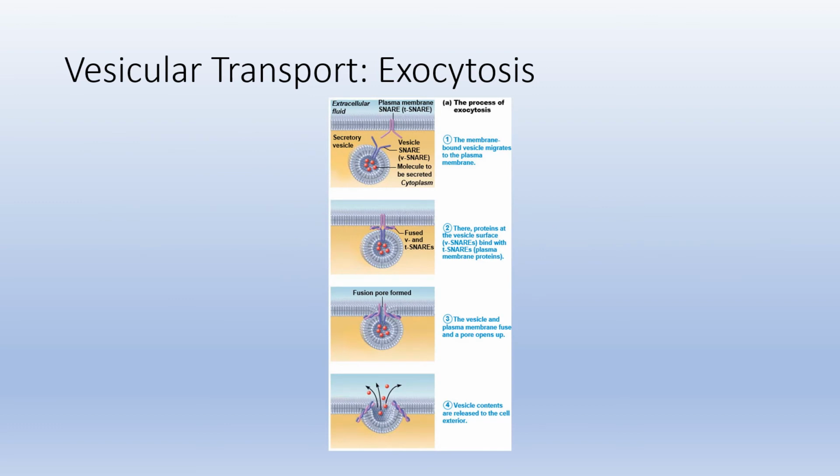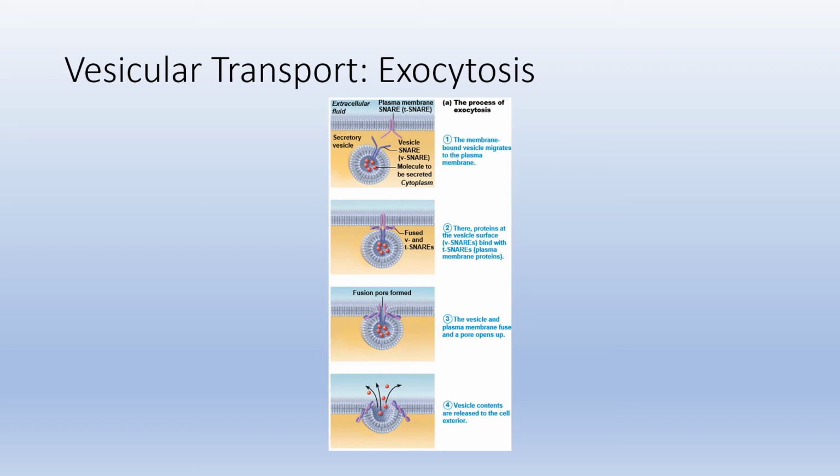On this slide, you see a schematic of the steps that are necessary for exocytosis. You do not have to go in great detail with all of the big words on this slide. However, you should understand that exocytosis is the transport of substances out of the cell.